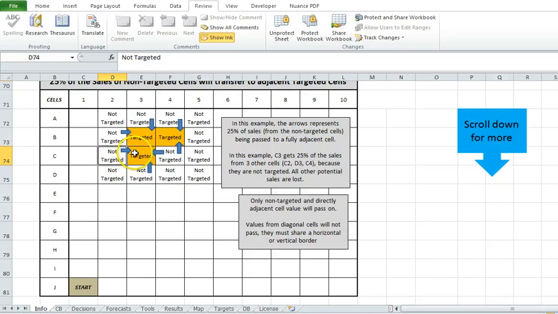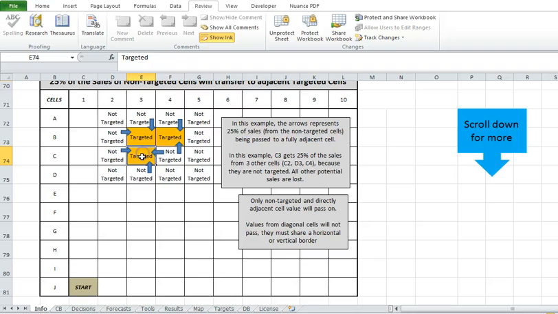So 25% of them will move into that cell, 25% of these will move into these cells. Okay, this one here, because it doesn't have a direct adjacent cell such as across or up and down, it only has a diagonal. Those sales are lost to the marketplace. So not all consumers will actually buy if they do not find a product that ideally suits them.